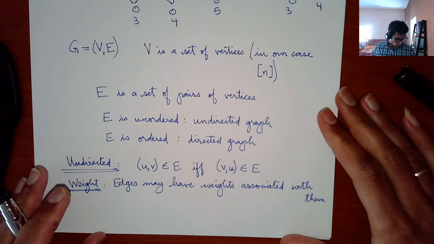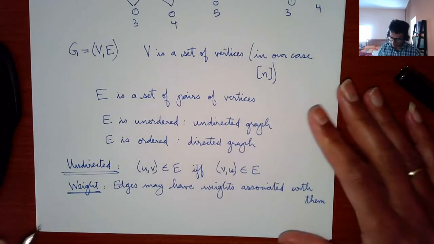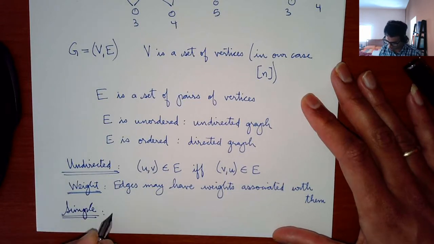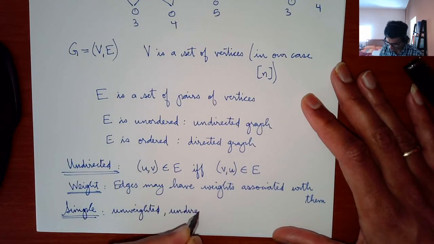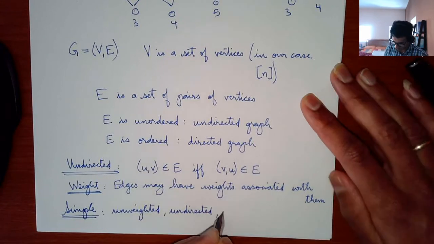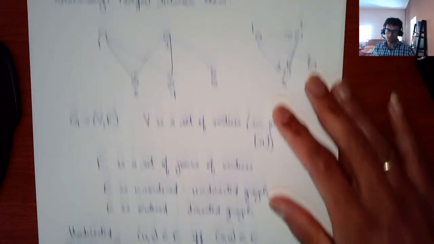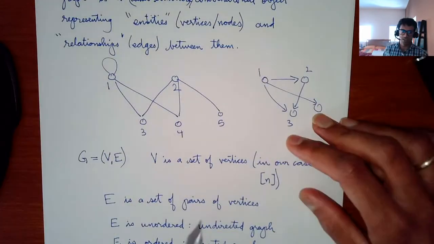And one of the most common settings of graphs that we'll be looking at are what are called simple graphs. So these are unweighted, undirected, and have no self loops. So sometimes you could imagine that you could have an edge that goes from one vertex to itself.